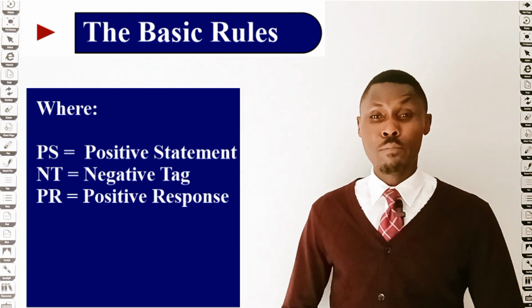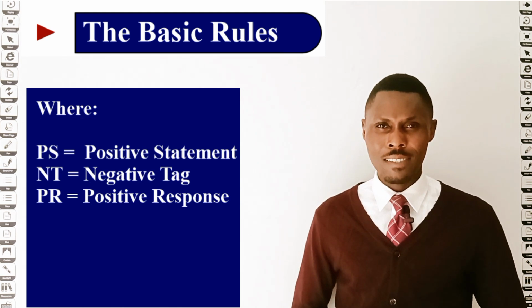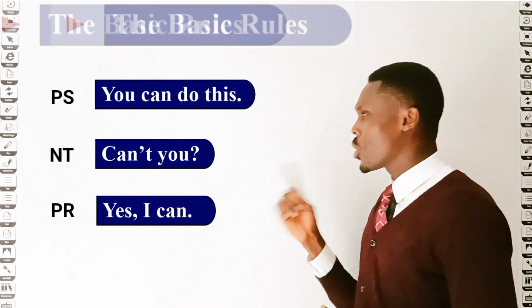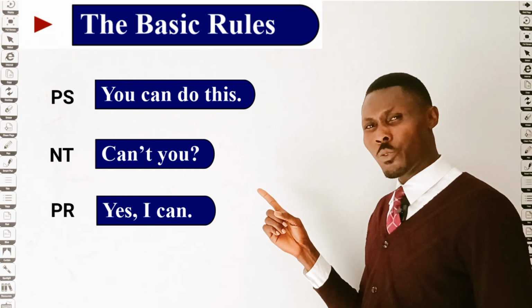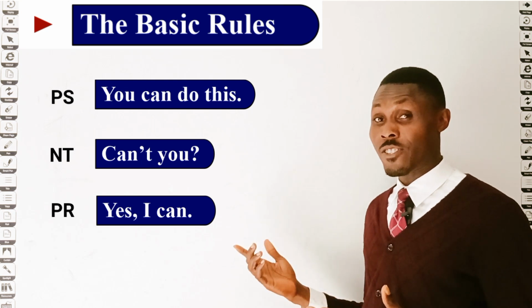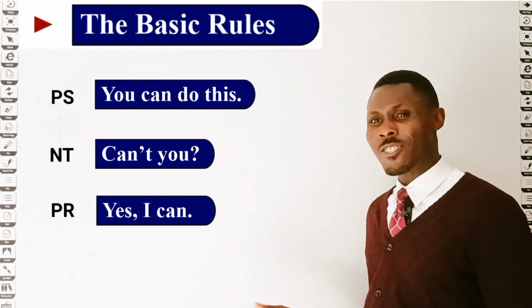PS is the positive statement, NT is the negative tag, and PR is the positive response. Now, let's have examples. You can do this, can't you? Yes, I can. Statement: you can do this. Tag: can't you? Response: yes, I can.